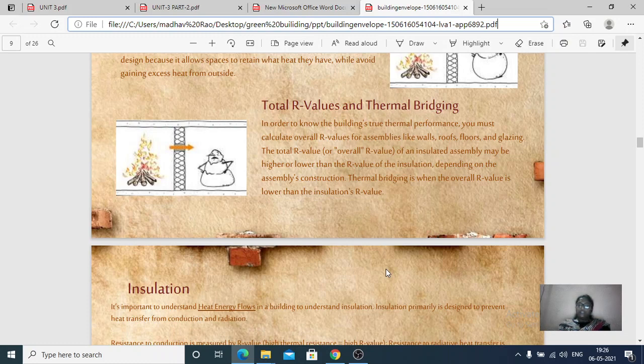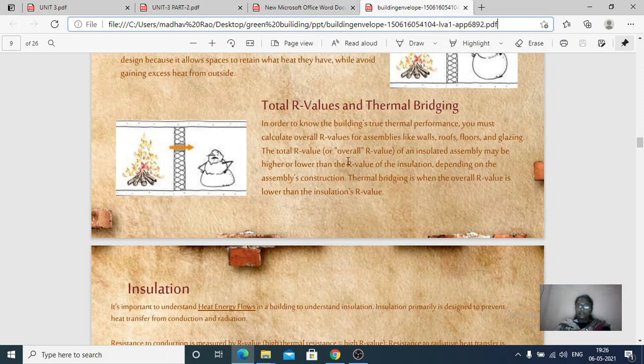will be defining. So see here, in order to know the building's true thermal performance, you must calculate overall R values, resistance values, for assemblies like walls, roofs, floors and glazing.